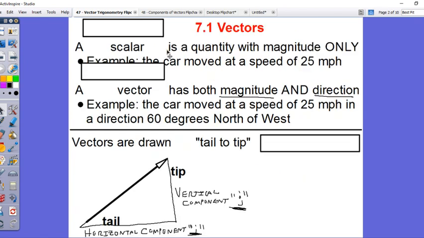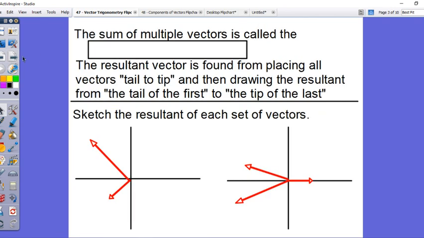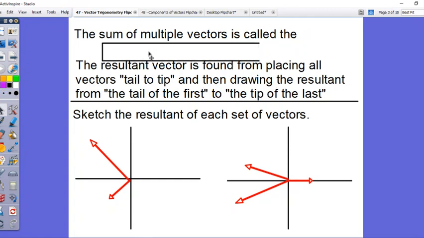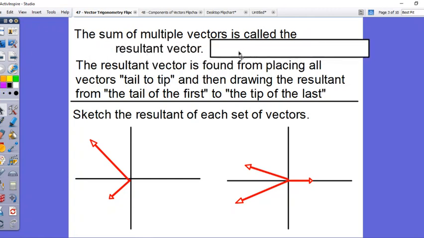The sum of multiple vectors is called the resultant vector. The resultant vector is found from placing all vectors tail to tip and then drawing the resultant from the tail of the first to the tip of the last. So we'll draw the resultant of each set of vectors.